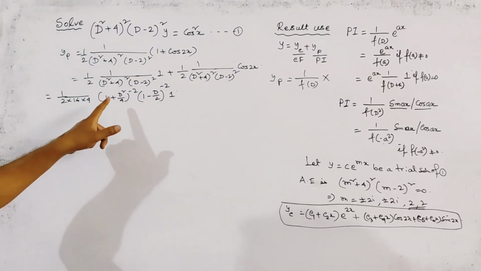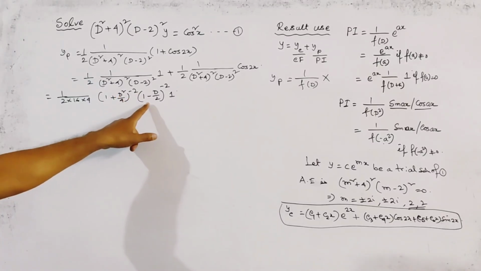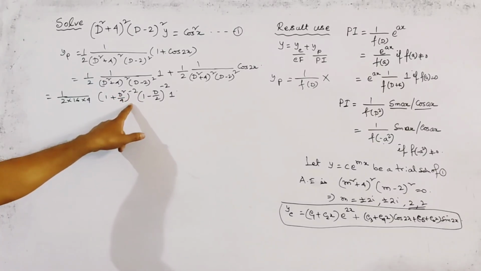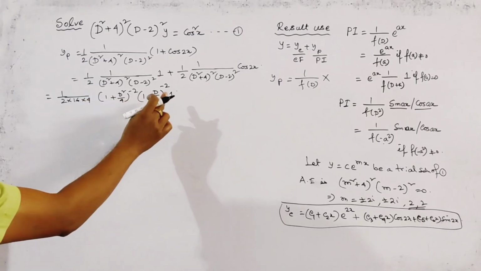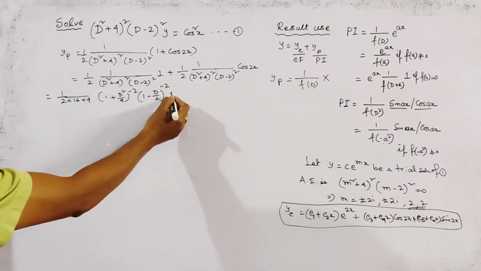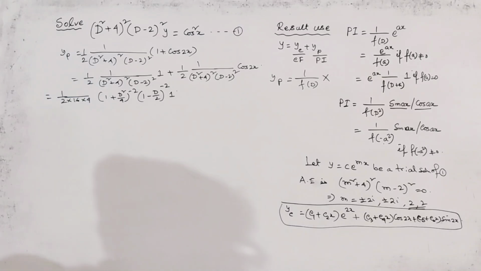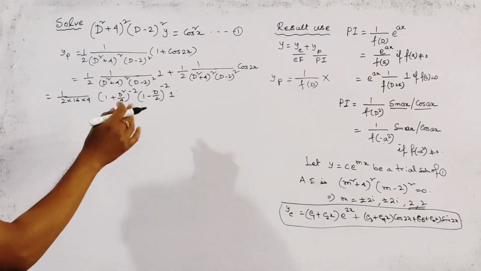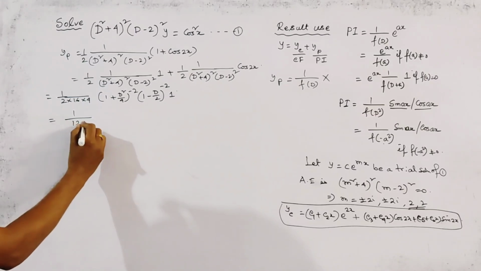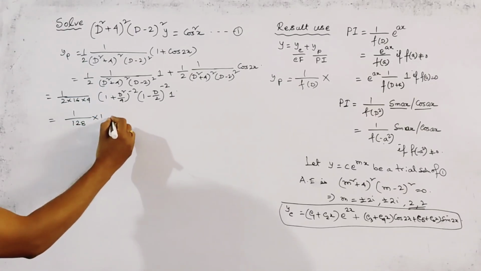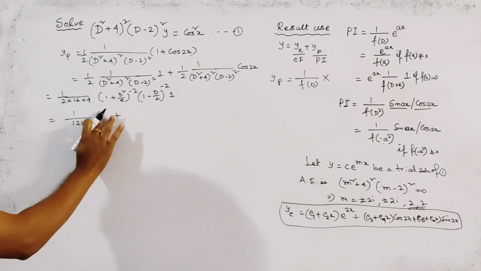And clearly if we expand these two infinite expansions by the formula of infinite series, then we get only the value 1, because the derivative of 1 is 0 for all orders. So we write directly 128 into 1. So the first portion is 128.